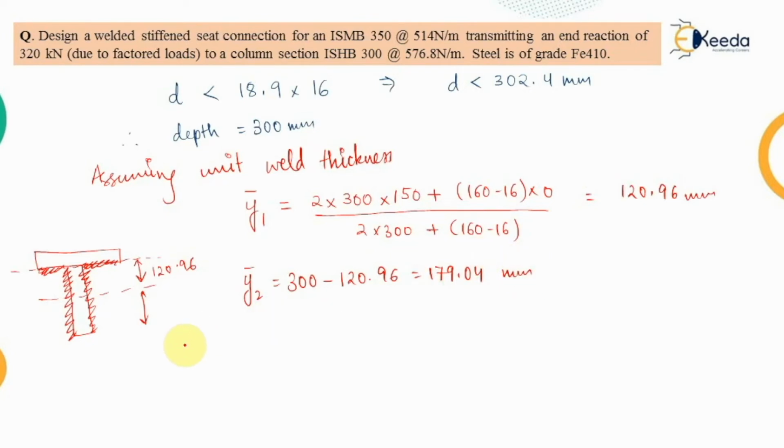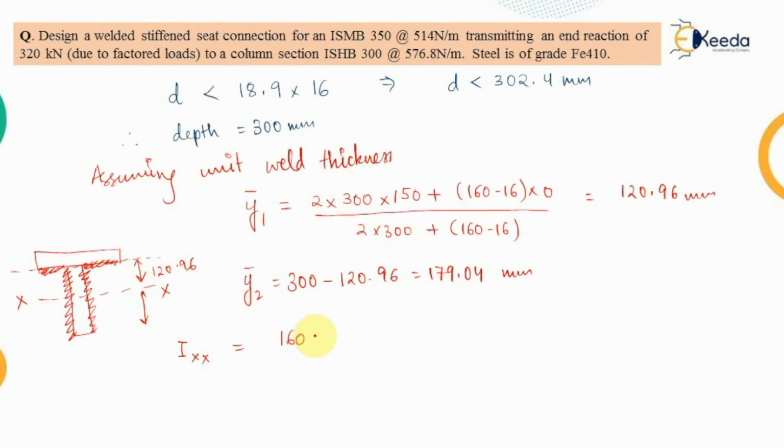Now this Ixx value, that means if this is the CG along the XX line, this Ixx will be given by the area of the weld group. Since the b d cubed by 12 term uses the unit thickness, we are ignoring that.